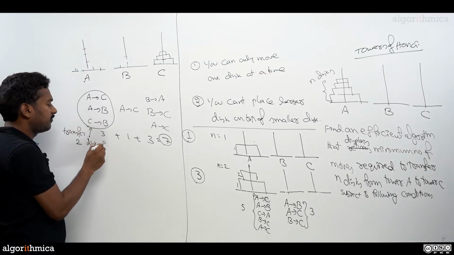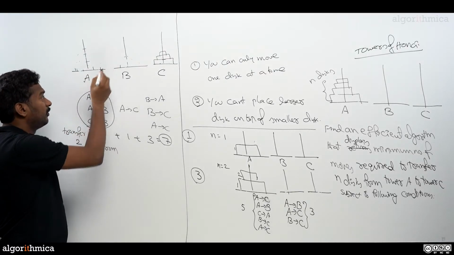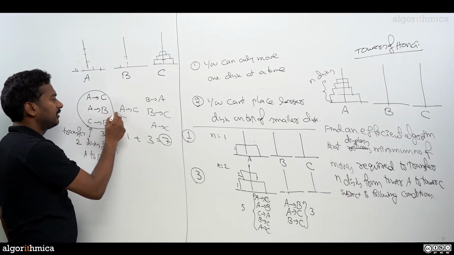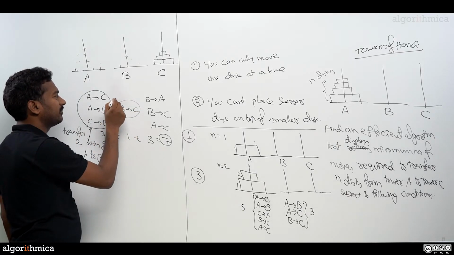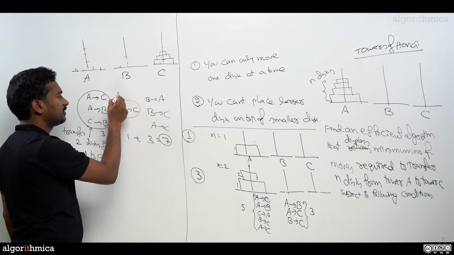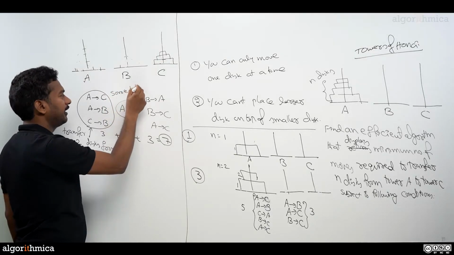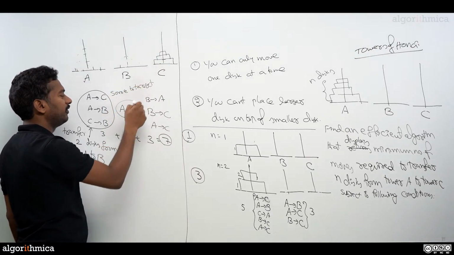Transfer 2 disks from where to where? A to B first. Then this is a straightforward thing from source to target, which is A to C. I can write it as source to target. Directly we are able to move it.